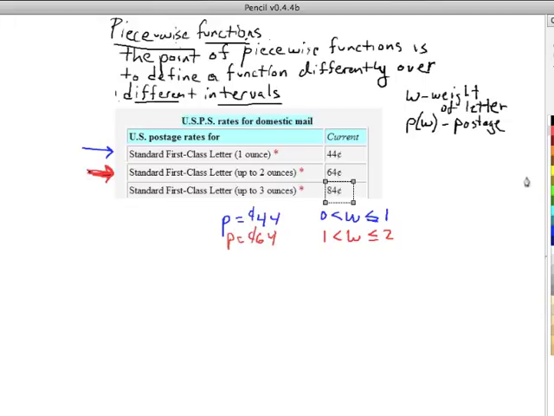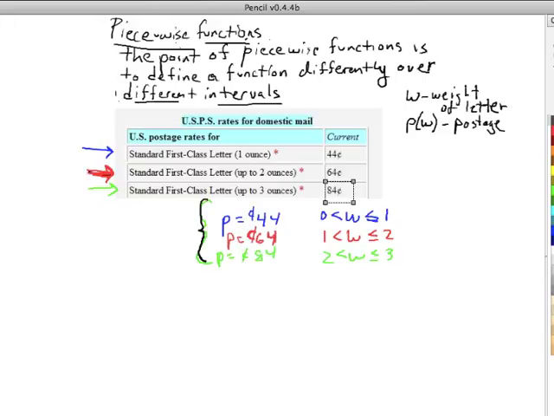And as soon as we get beyond 2 ounces, let's go green, up to 3 ounces, that's the worst looking cent sign I've ever seen. If the weight is greater than 2 but less than or equal to 3, we are at 84 cents for our letter. So here it is, all spelled out for you with its intervals.